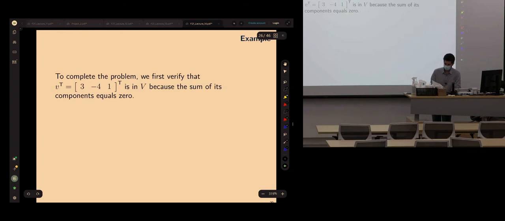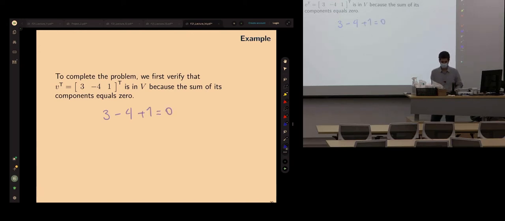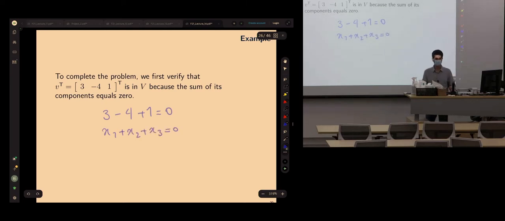To be in the subspace, we need to show that the sum of x1 plus x2 plus x3 will be 0. It is 0, and this vector belongs to the subspace. Okay? Now that it's in the subspace, we can talk about its coordinates.